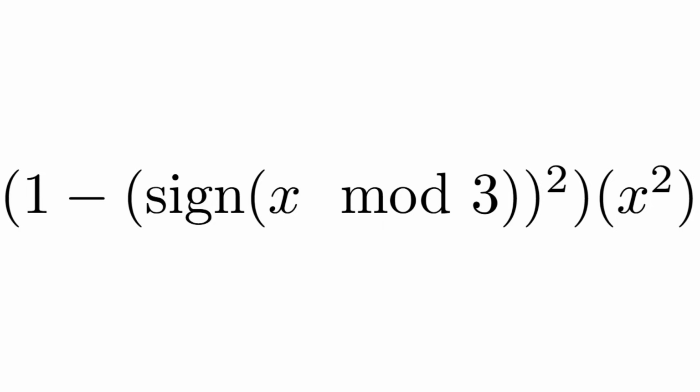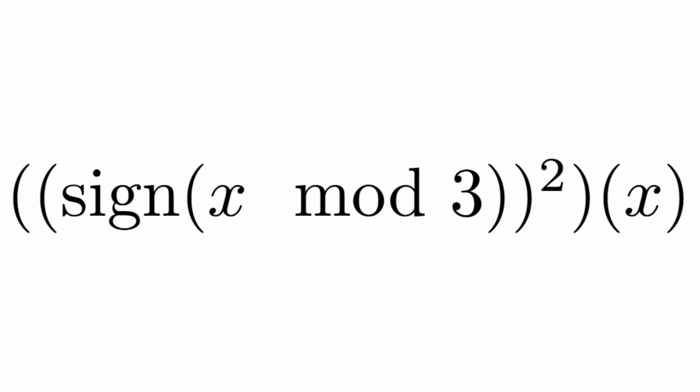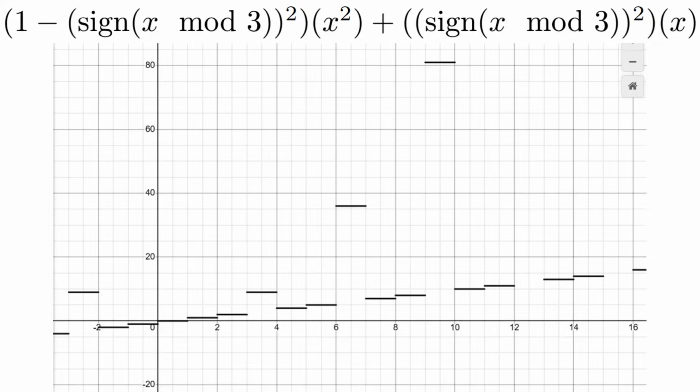Now we need to add one more bit to account for the case when it's not true. We go back to our function which tells us when it's not true, and multiply it by x, such that it returns x when untrue. This gives our full function to be 1 minus sign of x mod 3 squared times x squared plus sign of x mod 3 squared times x.